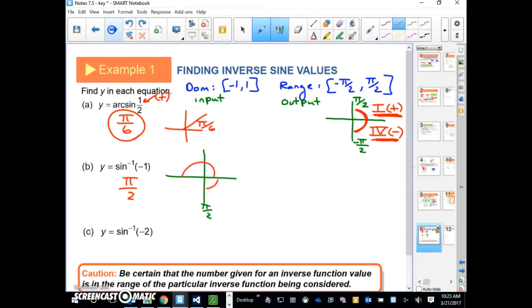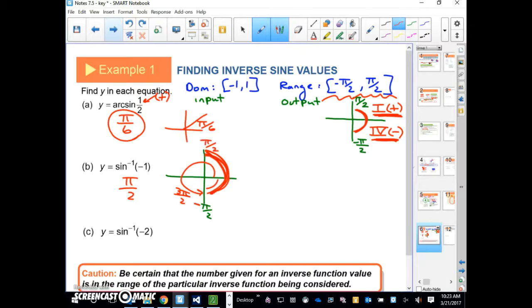So it's tempting for people to go all the way around and to call that 3 pi over 2. But 3 pi over 2 is not in the range. The acceptable interval, or the acceptable range, is from negative pi over 2 to positive pi over 2.